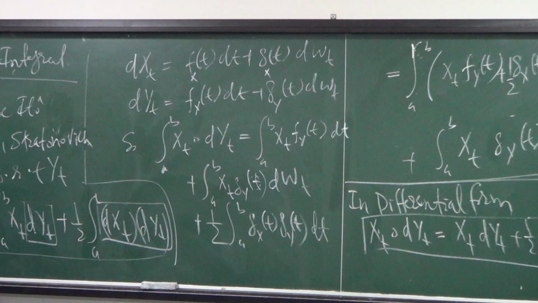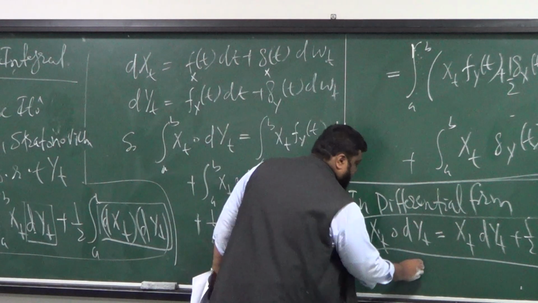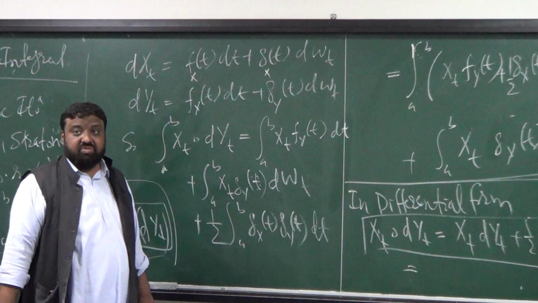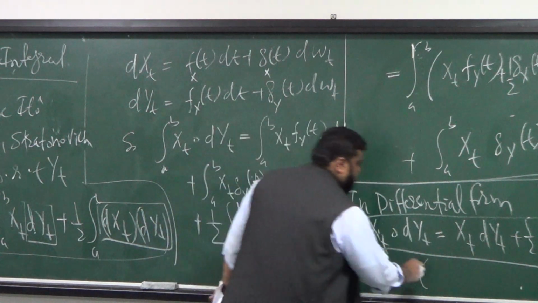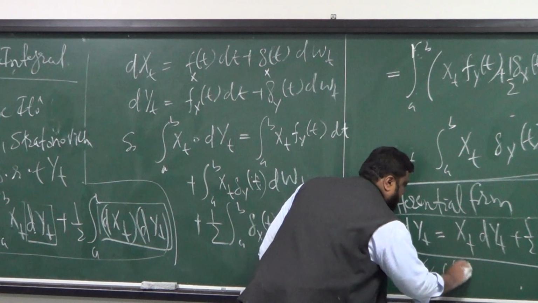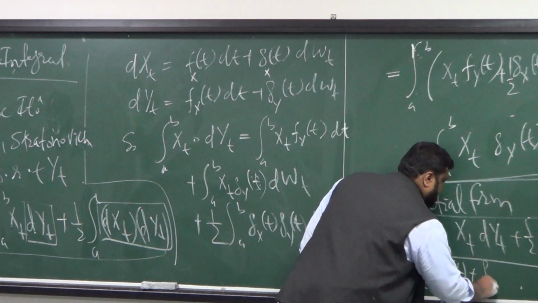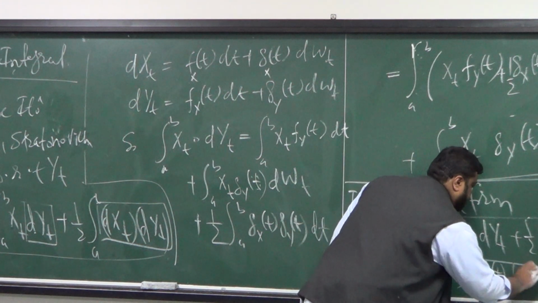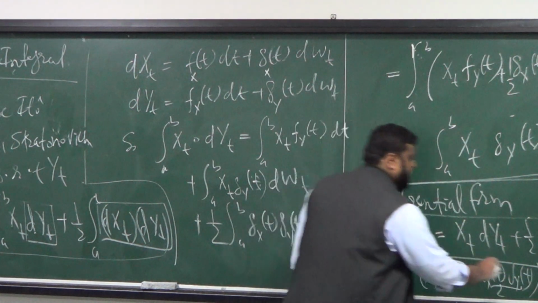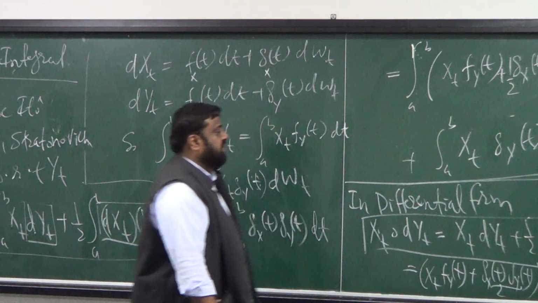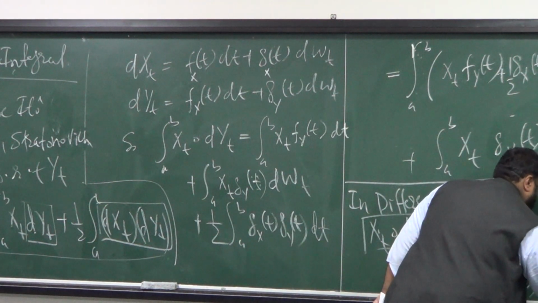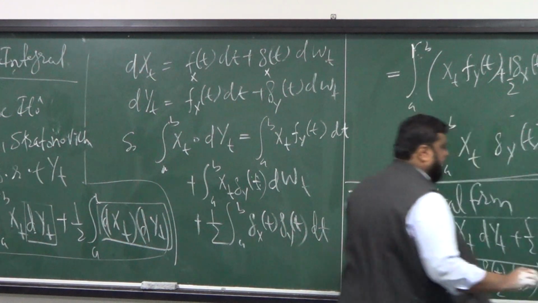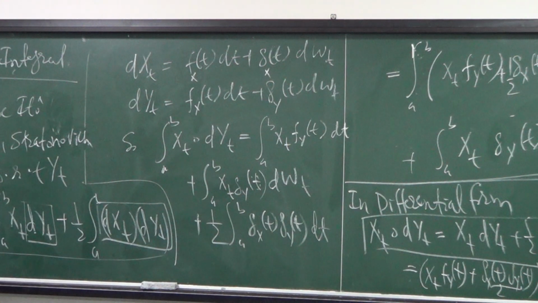And if you know xt and dyt, you can also write this more explicitly as xt times fy of t plus 1/2 gx of t gy of t, dt, plus xt gy of t dWt. So this would be the differential form of the Stratonovich integral.